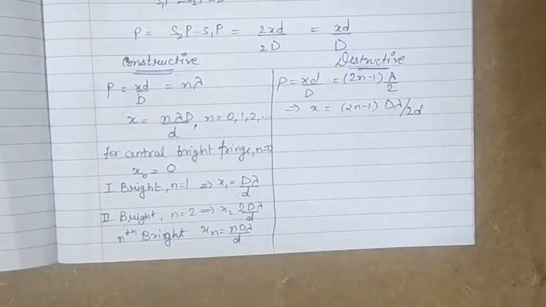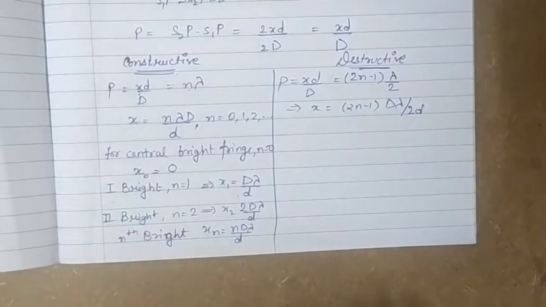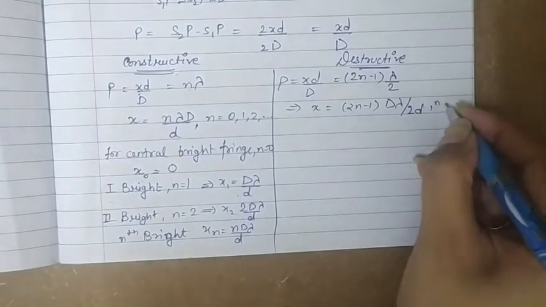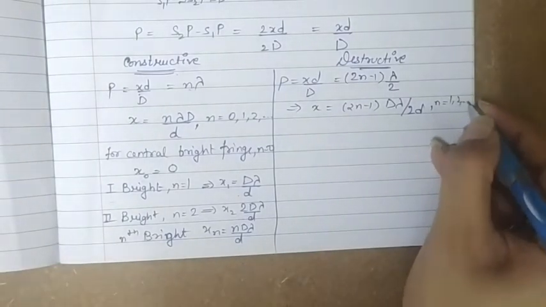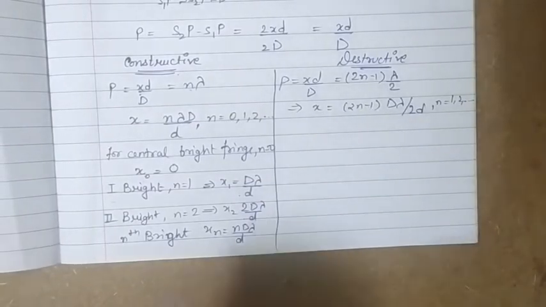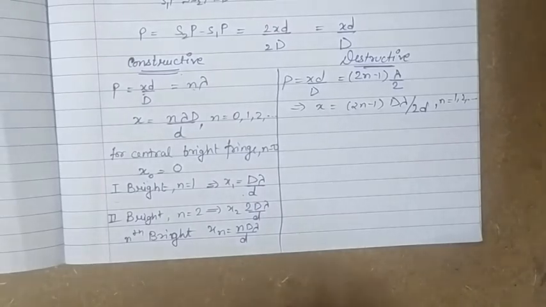So this is the value of x, or the position of the dark fringe for the destructive interference. Now here in this case n will vary from 1, 2, 3 and so on. For 0 this term will be minus 1, which is not valid, so it will start from n is equal to 1 and so on.